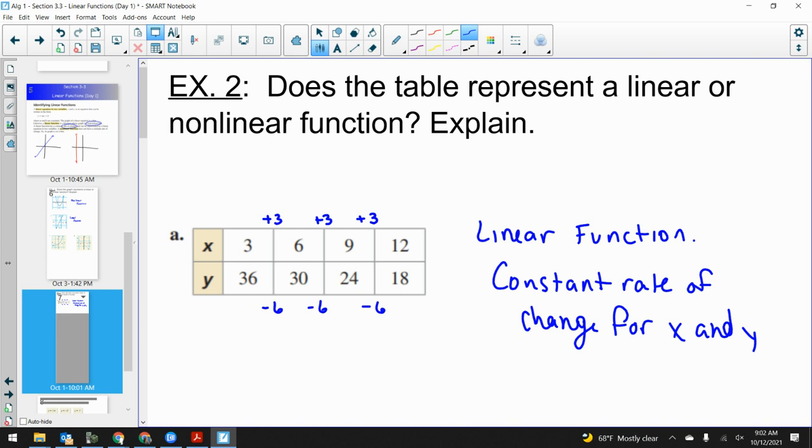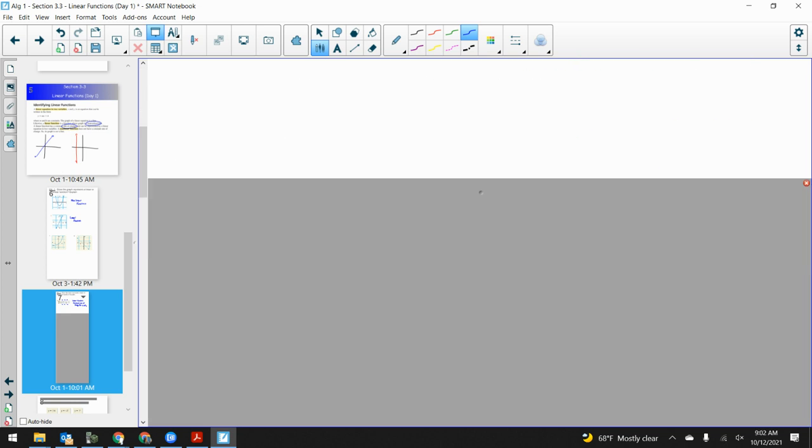Because it could have a constant rate of change for x, but not for y, or a constant rate of change for y, but not for x. So it's got to be a constant rate of change for x and y. Guys, do you know what we're examining here? We're looking at the slope. That's really what we're looking at here. We're looking at the slope of that line to see if it's a constant slope.